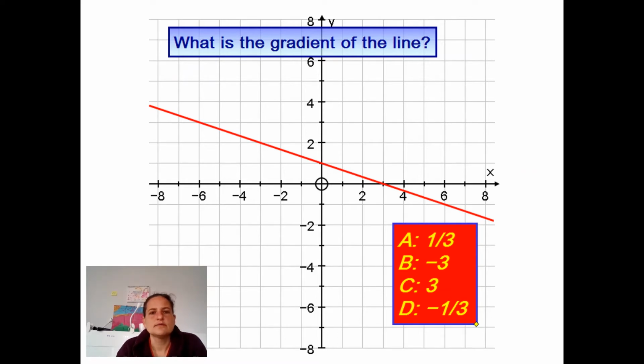And to find a value for the gradient, we look along 1 in the x direction, and we're going to go down less than 1 in the y direction, which means that this is a shallow gradient. So we're looking for a negative, and we're looking for something that is between -1 and 0. So here we're expecting the -1/3.